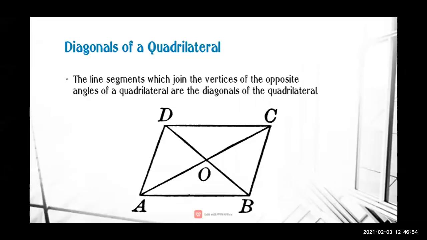Here the opposite angles are A and C, B and D. Now I have already taught you about opposite angles. A's opposite is C, B's opposite is D.